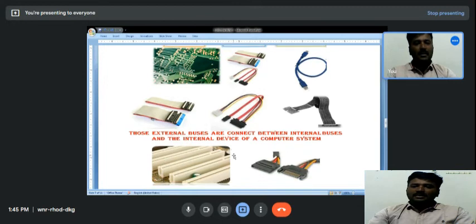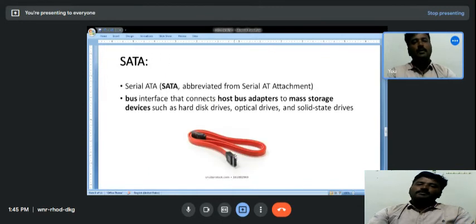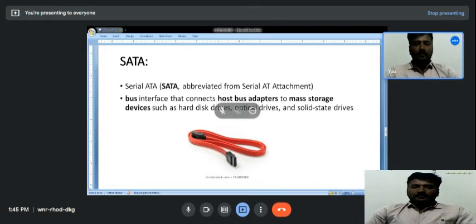Okay, so SATA. We can say it as serial ATA, abbreviated as serial AT attachment. It is the bus interface that connects the host bus adapter to mass storage devices such as hard drives, optical drives such as CDs, and solid state drives.